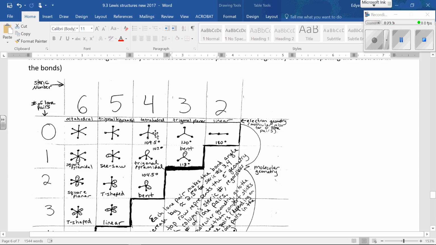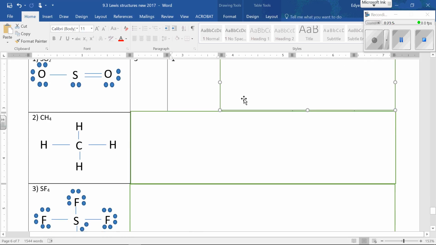The electron geometry is the top row. Notice it says electron geometry. This top row is always the electron geometry. So the electrons are trigonal planar. You should write the name and draw in the picture. And the molecular geometry is called bent because we're just looking at the solid lines. It's like you don't see this little lobe up here. Those are the lone pairs of electrons. And the angle would be 118.